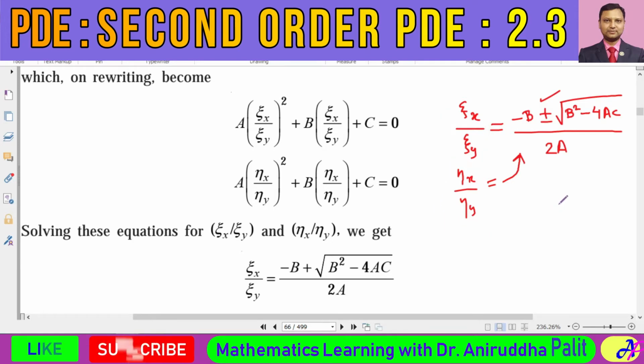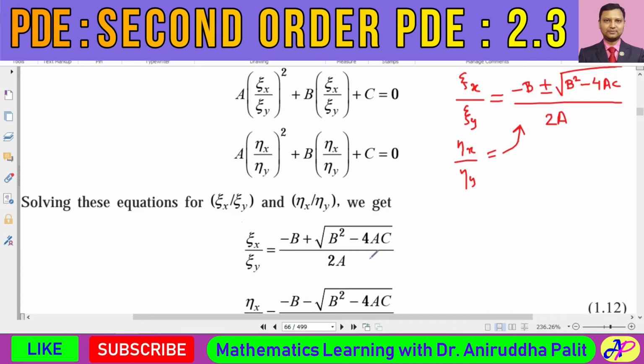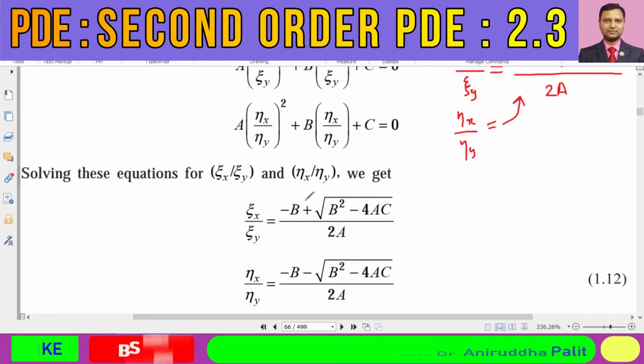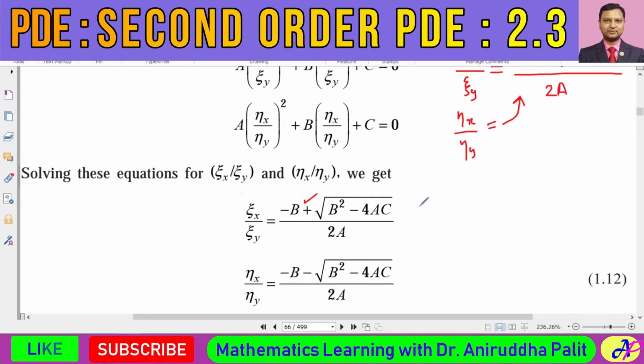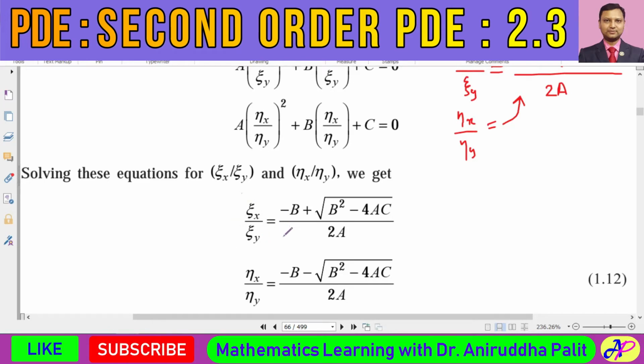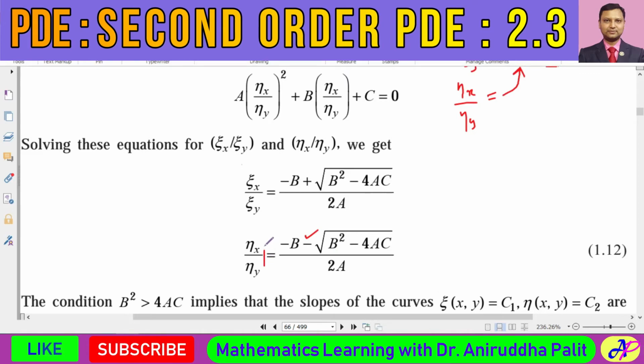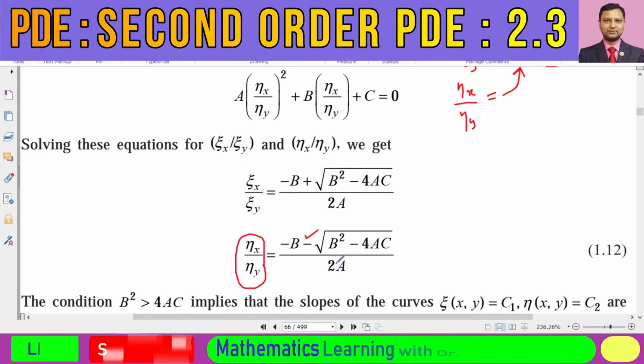You can consider any two symbols. Over here, the positive sign is taken in order to choose the expression of xi x by xi y, and the negative sign is chosen in order to consider the expression of eta x by eta y.